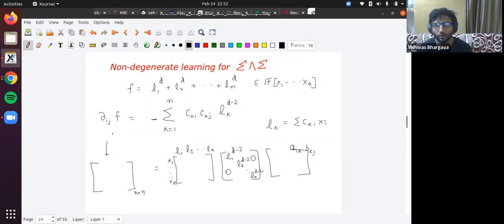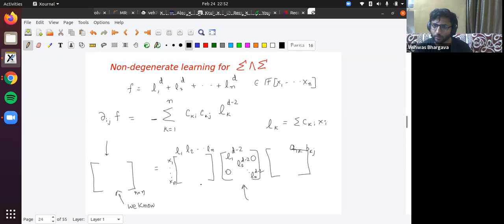Very simply, since we know f, we have the information about the partial derivatives of f, so we know this matrix. And we would like to get our hands on this matrix, because if we do, we know the L_i's, and thus we know the representation. So we would like to learn this.